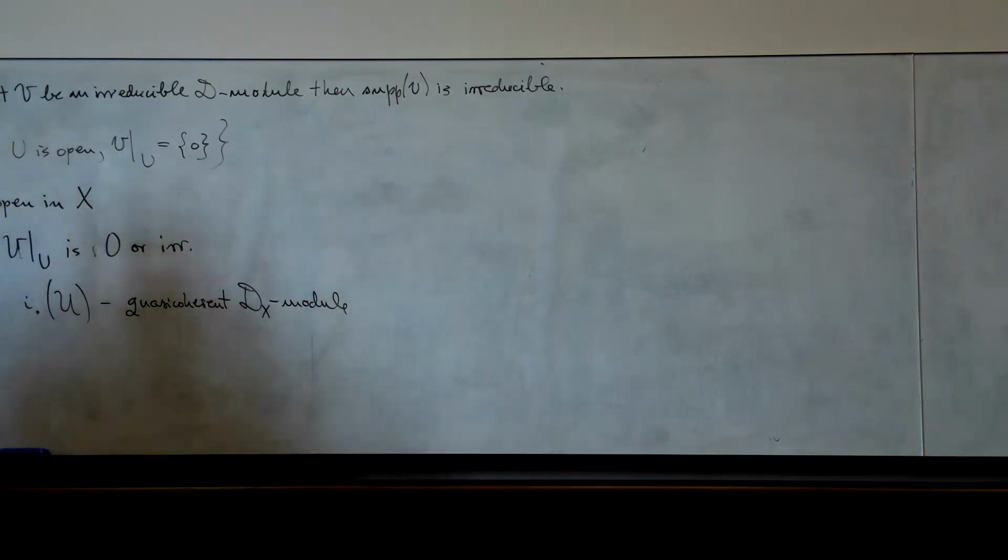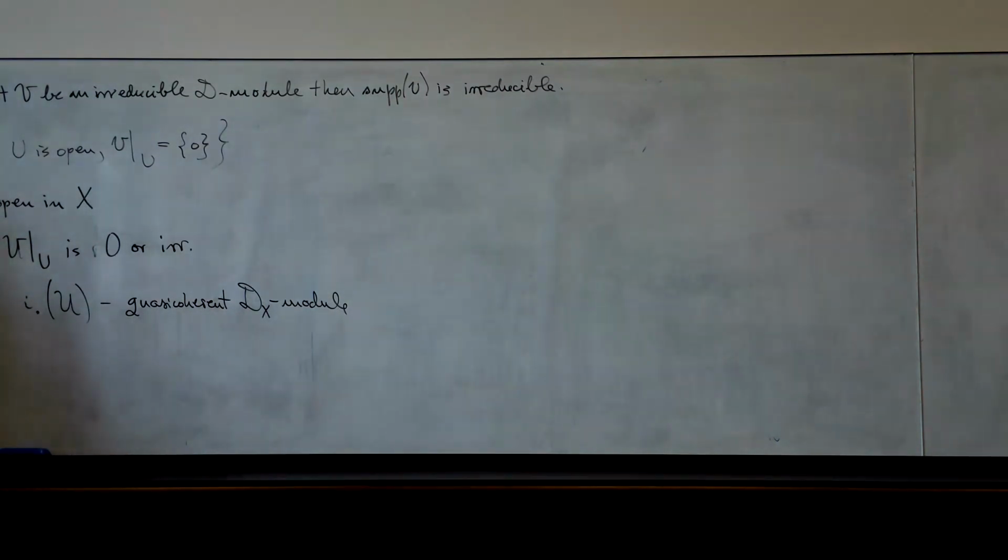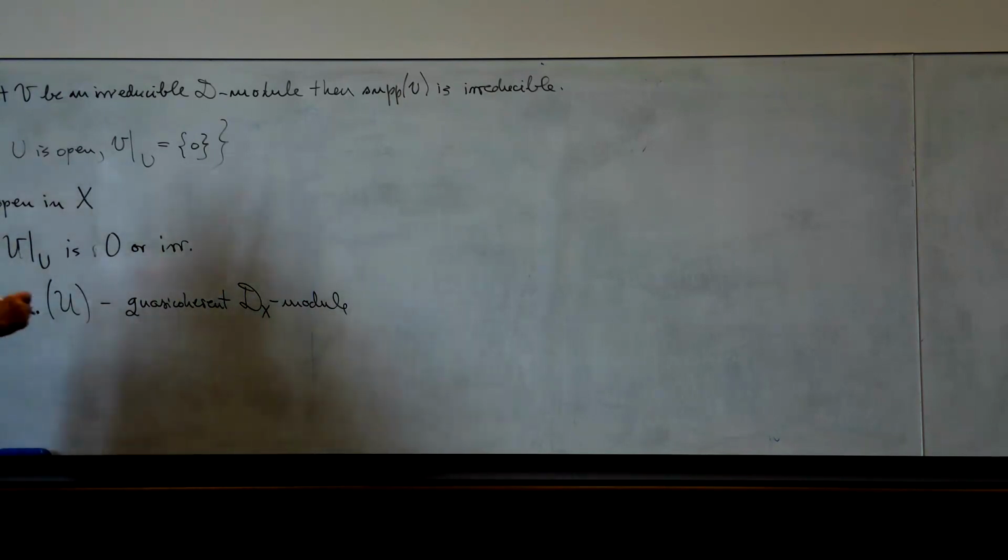That it's a D of X module is obvious by the definition of the direct image. Quasi-coherent is the result we already used. So it is also the right adjoint of the restriction.